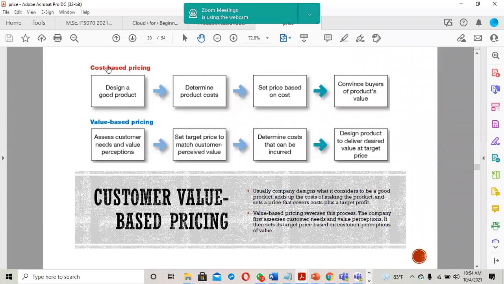Because we talked about two pricing strategies, cost-based pricing and value-based pricing, right? Cost-based pricing is based on how much the company had to spend to create that product. That is based on that cost.